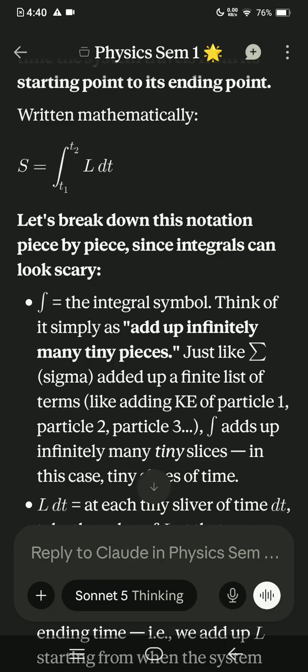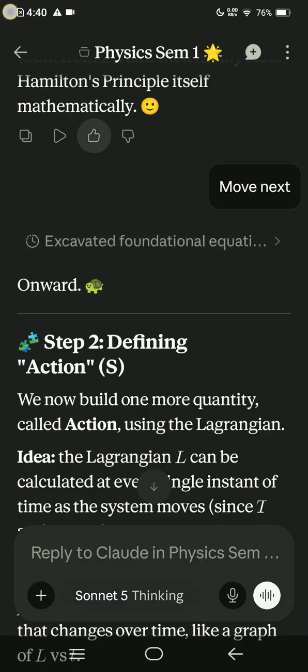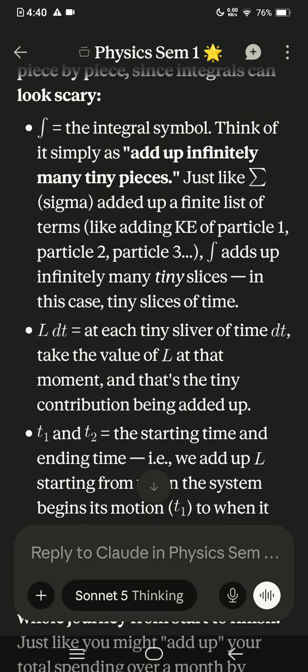Just like sigma added up a finite list of terms, like adding KE for particle 1, 2, 3, etc., this integral adds up infinitely many tiny pieces, in this case, tiny slices of time. So L dt means at each tiny sliver of time dt, take the value of L at that moment, and that's the tiny contribution being added up.